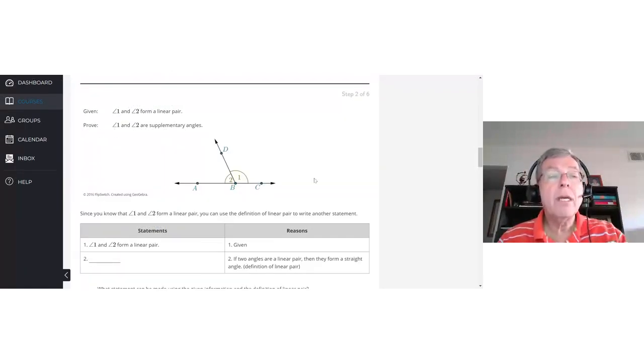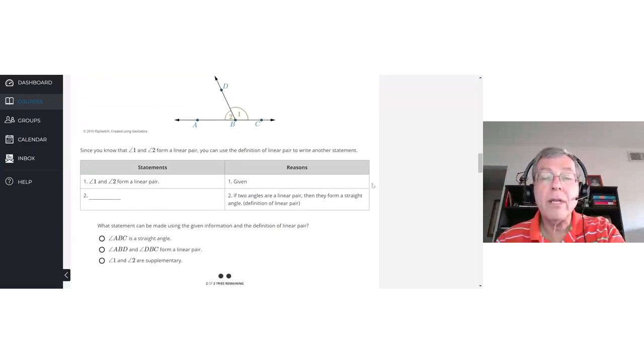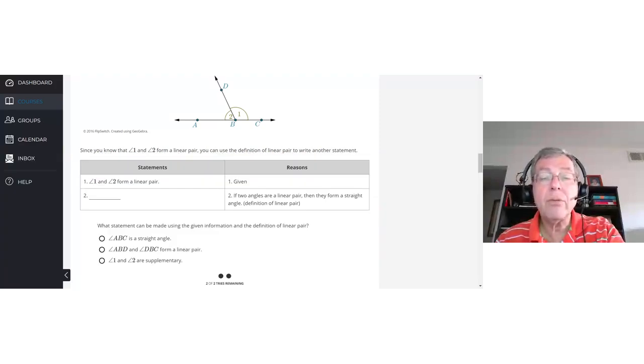Next, since you know that 1 and 2 form a linear pair, you can use the definition of linear pair to write another statement. Then we got the given, number 2, blank statement, for which reason makes that blank statement true. If 2 angles are a linear pair, then they form a straight angle. That is the definition of a linear pair.